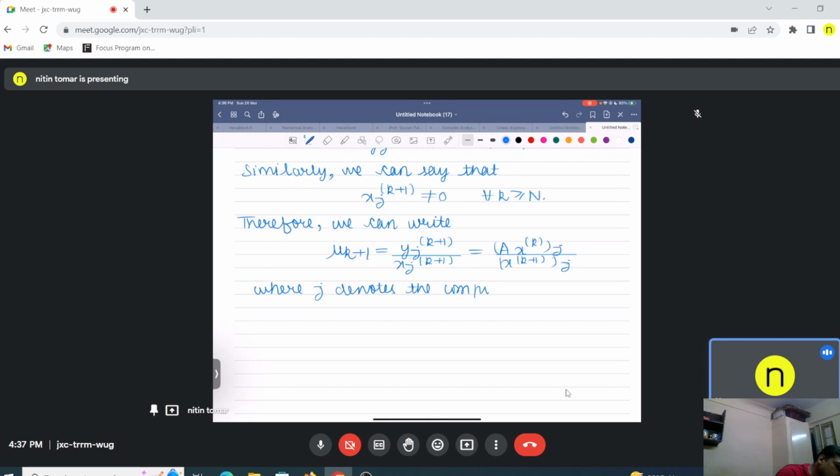We have chosen j such that v1j is non-zero. Okay, so this is that same index we are working throughout.